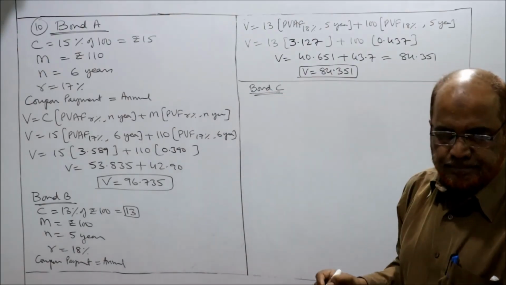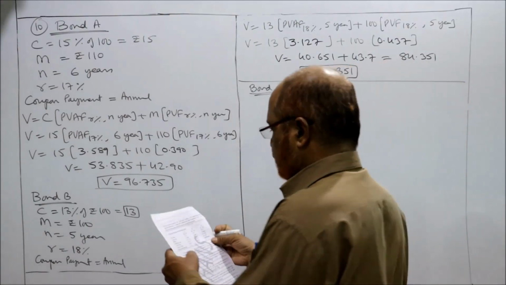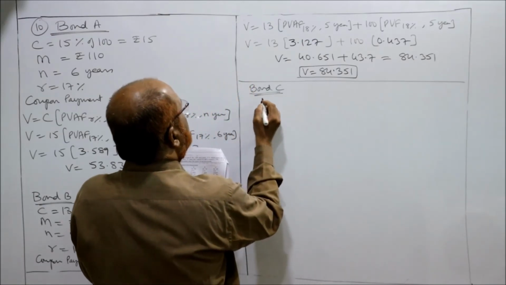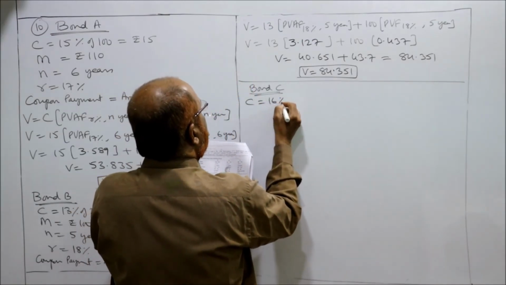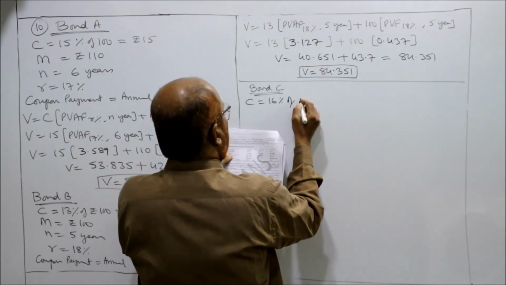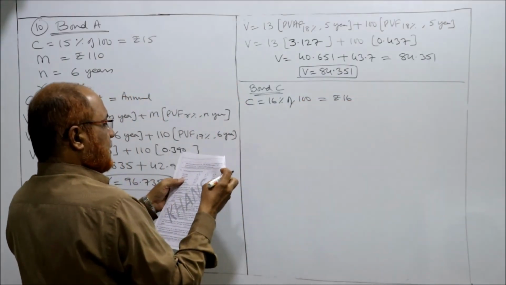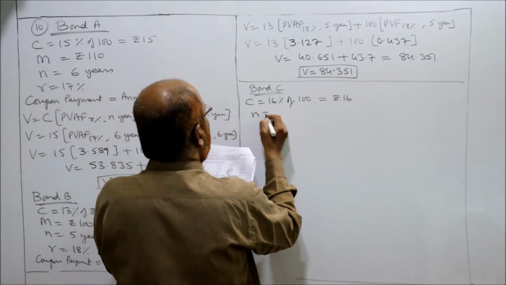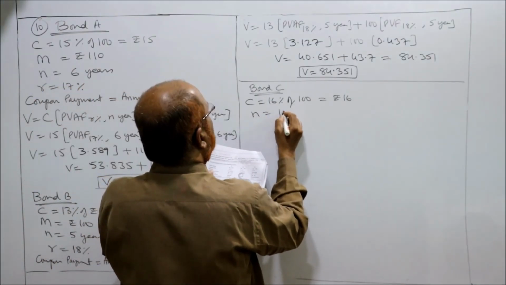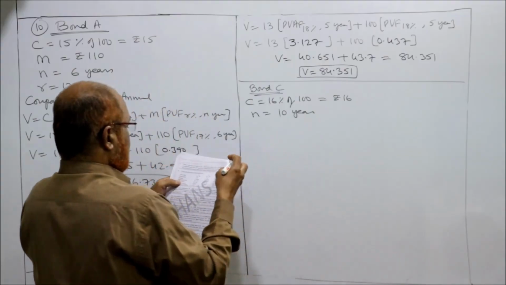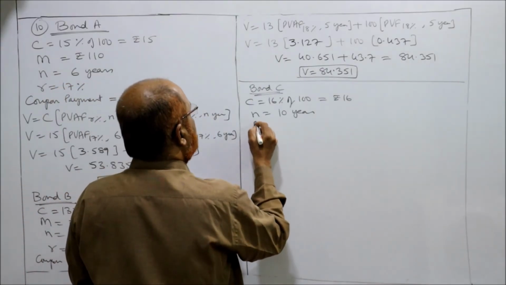Now bond C. 16% of rupees 100, rupees 16. Maturity period N is equal to 10 years. Then redemption price is 100.